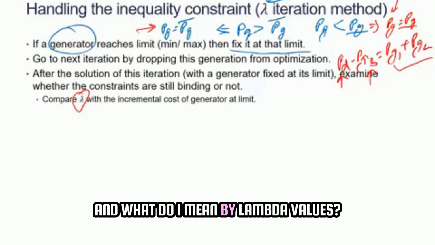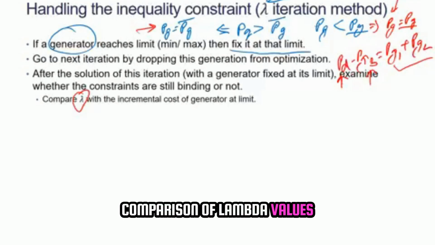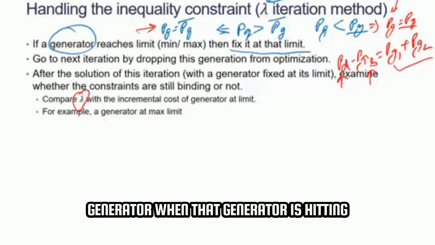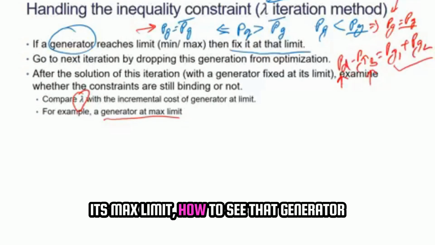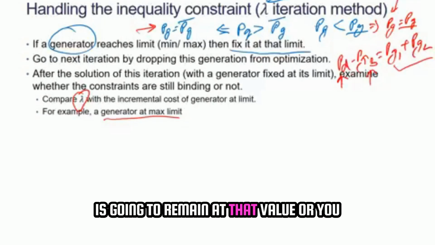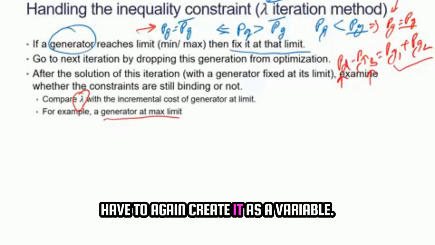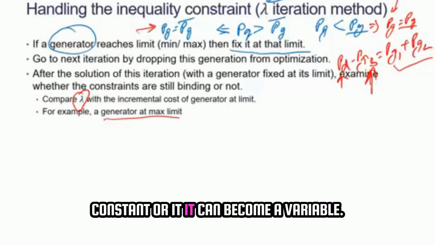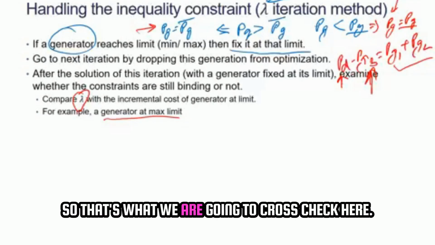I'll give you the logic for one of the generators when it is hitting its max limit. How do we see whether that generator is going to remain at that value, or whether you have to create it again as a variable? Right now PG3 is a constant, so we are cross-checking whether PG3 has to remain constant or can become a variable.